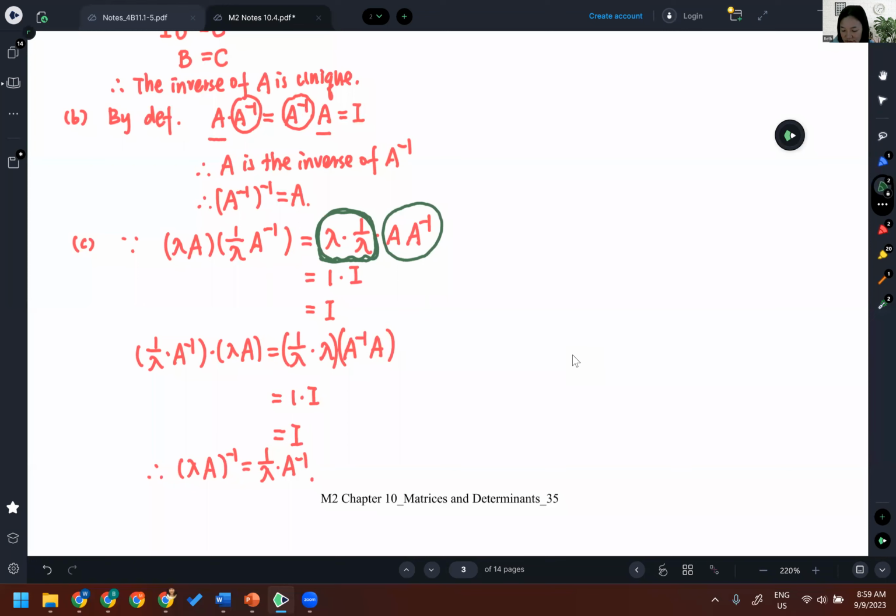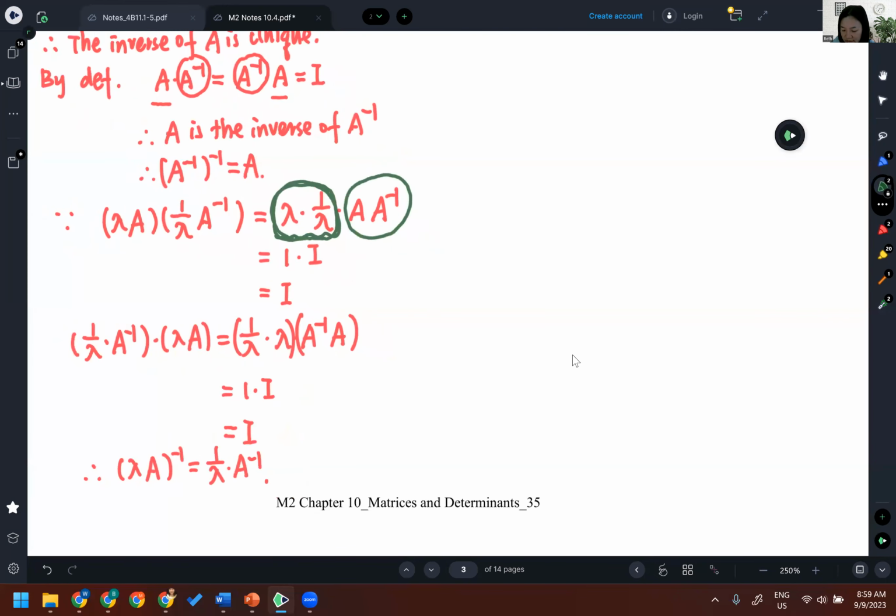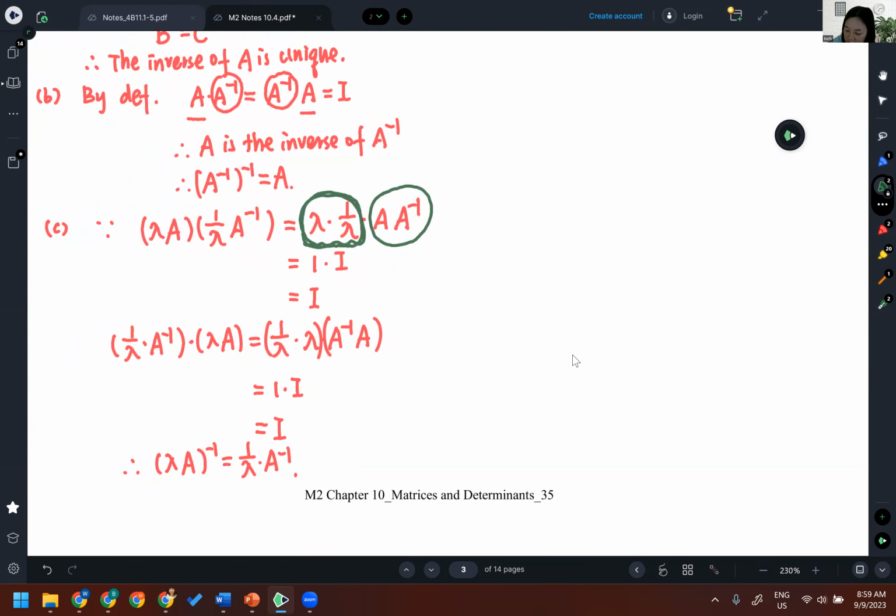Now this is very interesting and very important, because sometimes I need to find the inverse of 2A. And you know that it's 1/2 times A inverse, basically. You don't have to do another inverse. The numbers can be taken out when doing the inverse.